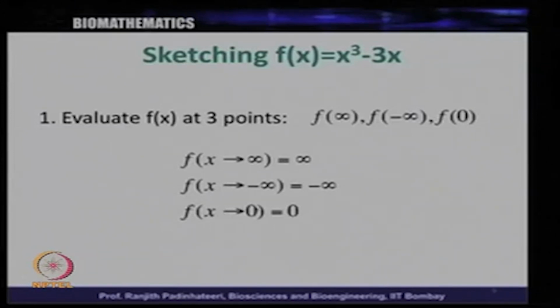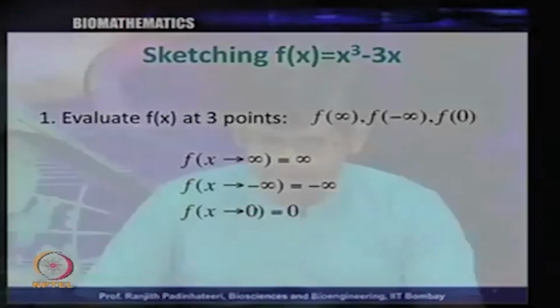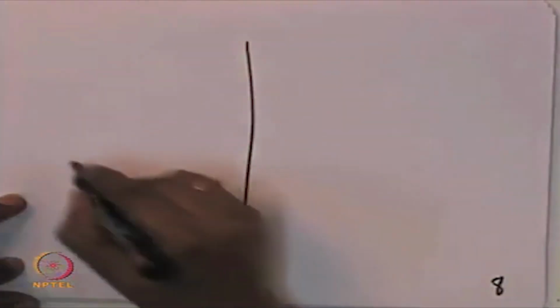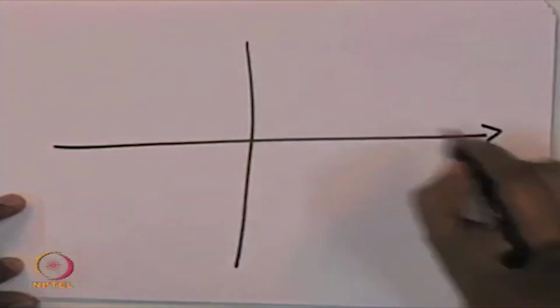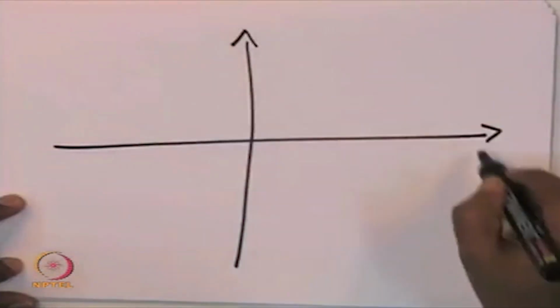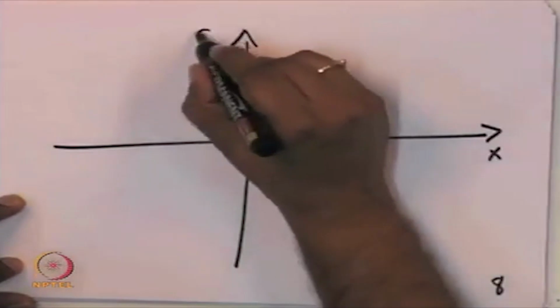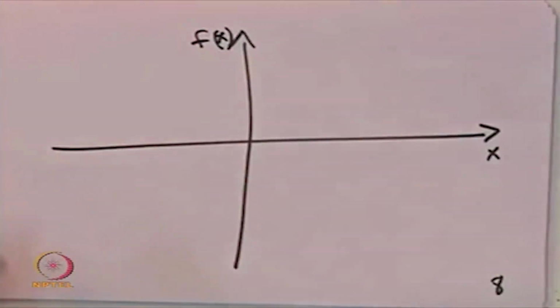So, what does this help? Knowing this, how does this help us? Let us see. Let us plot. This is the x axis and this is f of x. We know one thing, that this is x equal to 0.